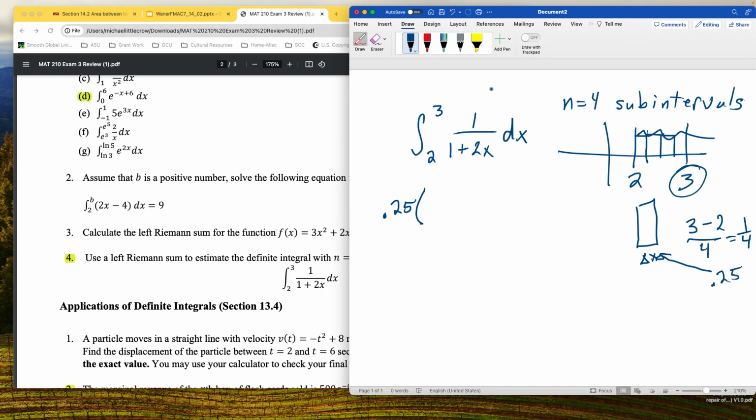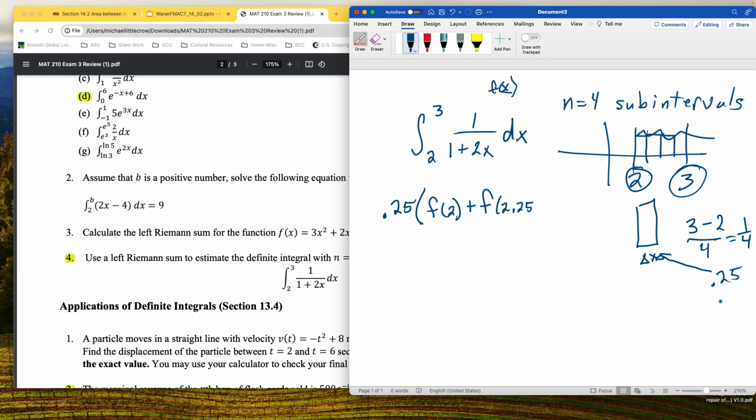So then I want this function value. Let's just call it f of x. I want 4 of them, and I want to start at 2, because they're left hand, right? This says use a left Riemann sum, so I want f of 2, and then f of 2.25.